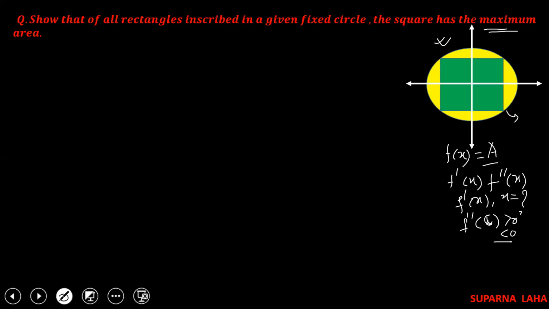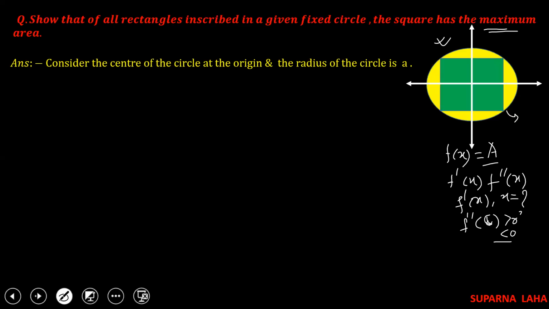So first, let a circle whose origin is in the center, that is, this is O, and the radius is given by a. And let's take any point on this curve, that is on the circle, x comma y.